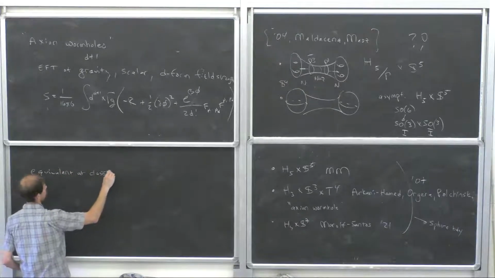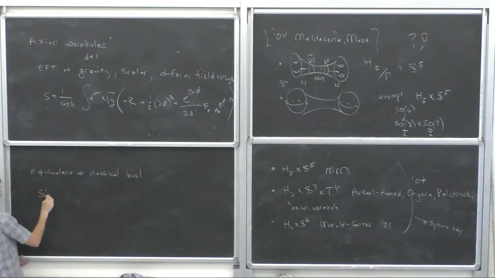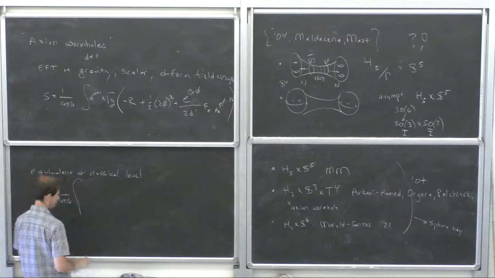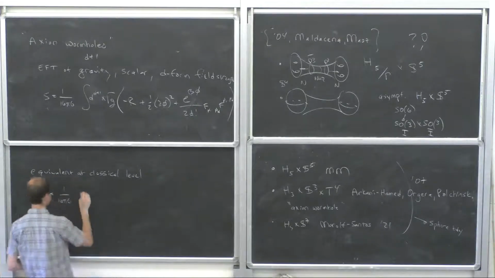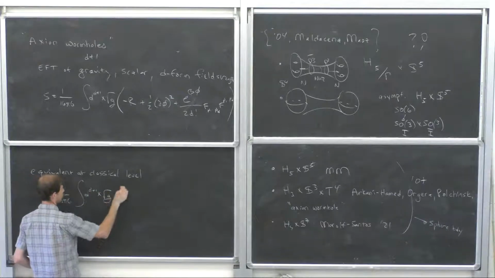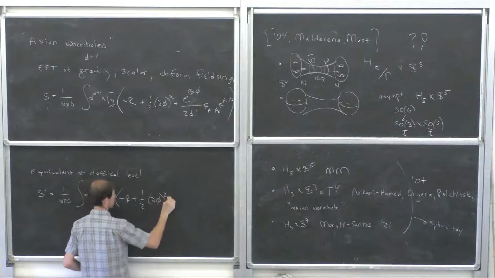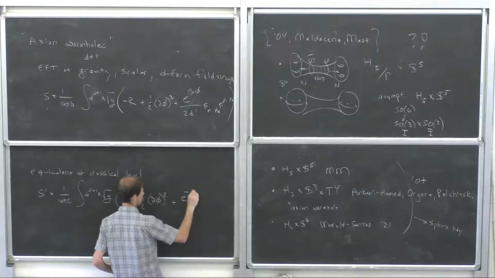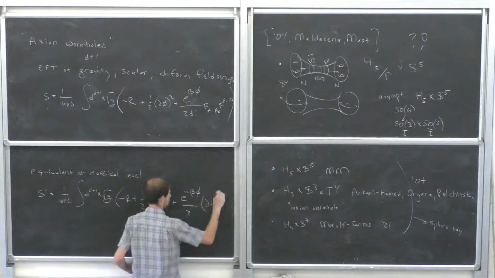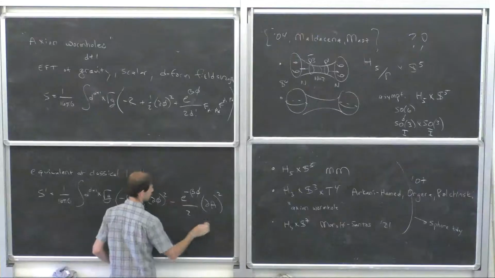In other words, these things are equivalent at the classical level to another action, S prime, with the derivative of a new field, A, squared, and that's a minus sign, crucially.